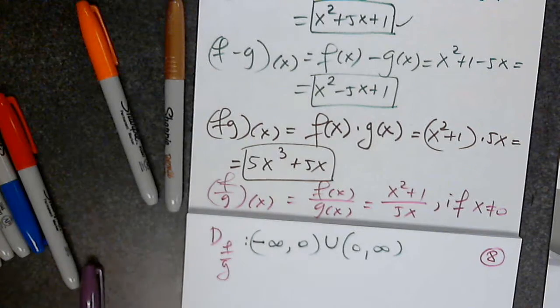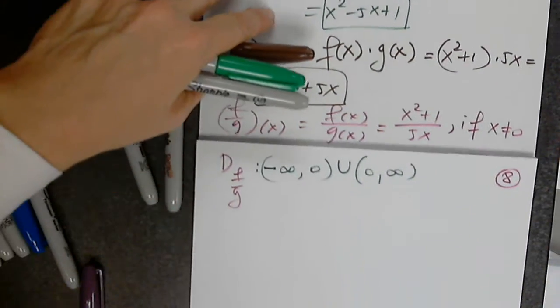That's it. In other words, in plain English, everything but 0. Excellent. So this is how we determine the sum, the difference, the product, and the ratio of two functions. And please remember the concept of common domain.